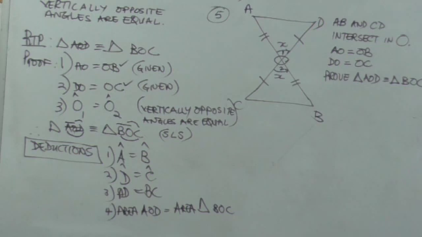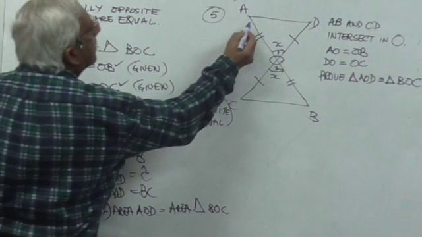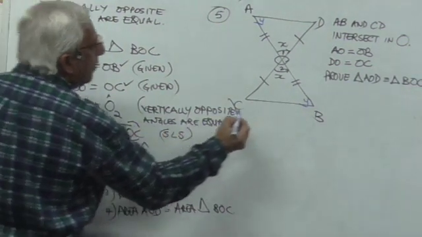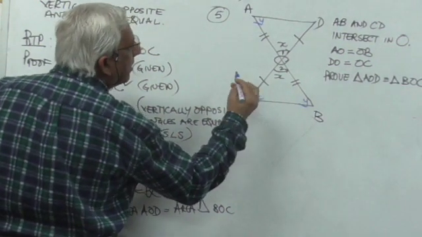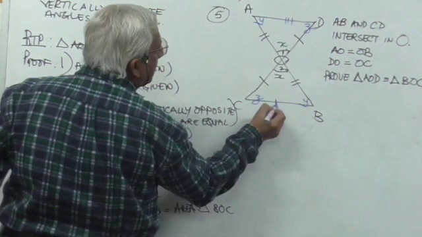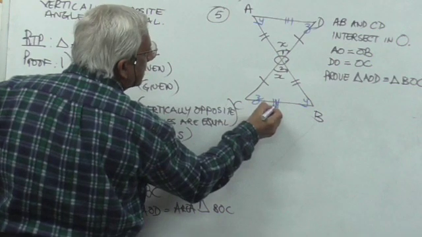Alright, so if I take another color and just mark what we deduced in the diagram. We found that angle A is equal to angle B. We found that angle C is equal to angle D, and we found this side is equal to this side.